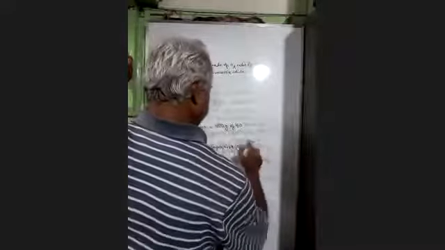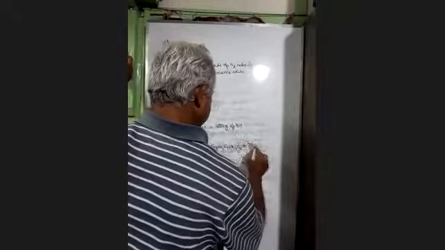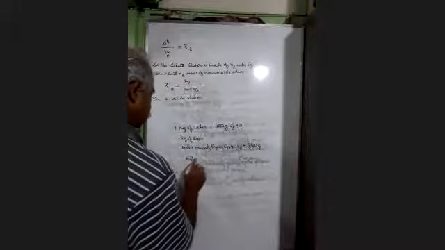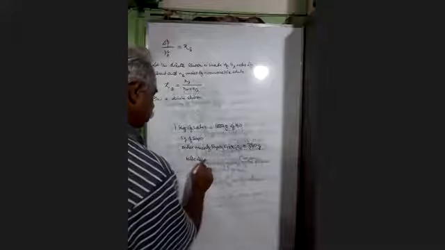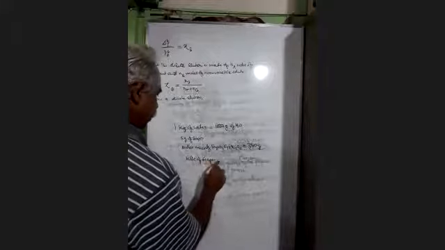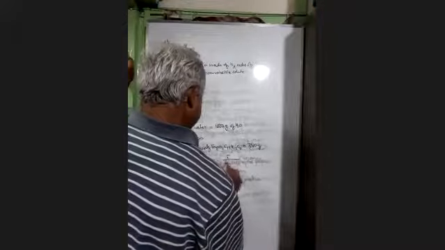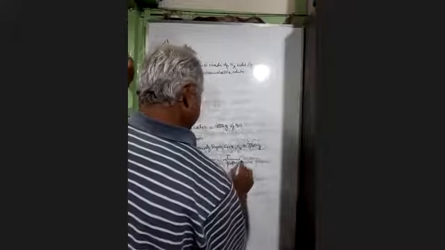Is 340 gram. Means 340 gram is equal to 1 mole. So 5 gram is how much? So moles of sugar. See here. 5 divided by 340.